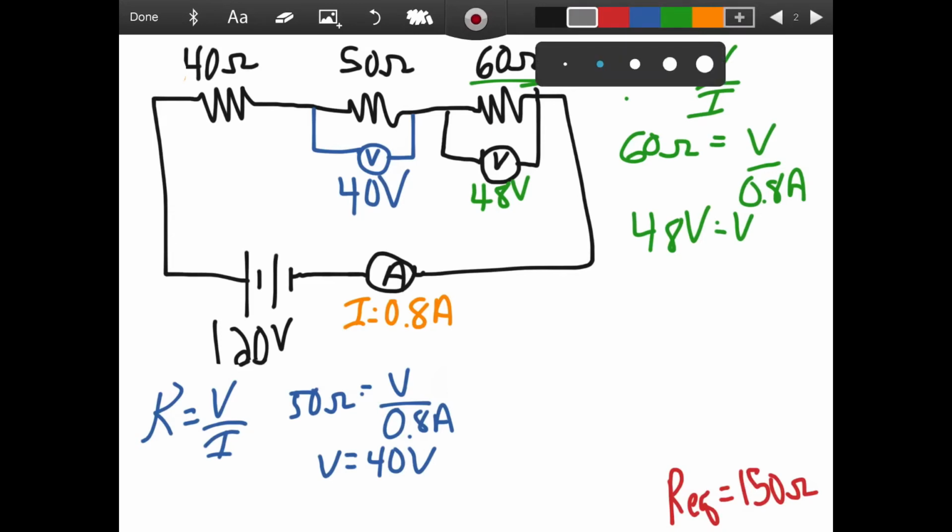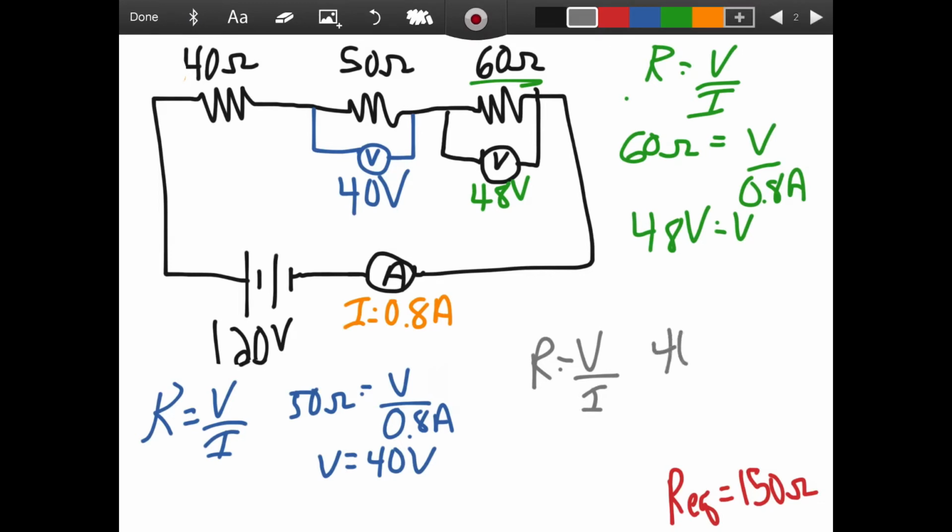And lastly, we have a 40 ohm resistor looking for the voltage, and the current is 0.8 amps.